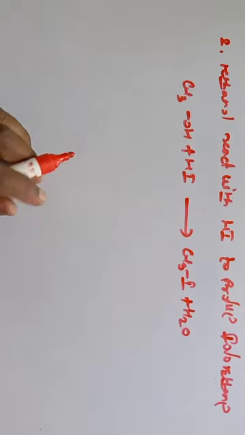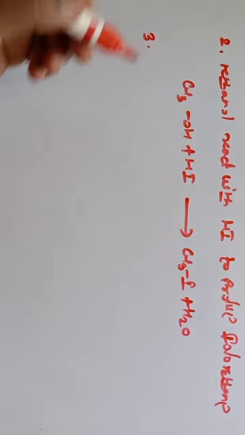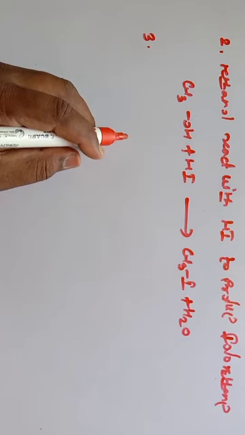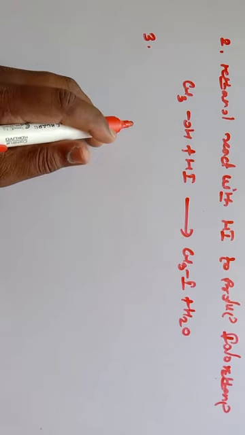So this is the second step. To recap, the first step is the formation of the active catalyst, and the second is the conversion of methanol into methyl iodide.